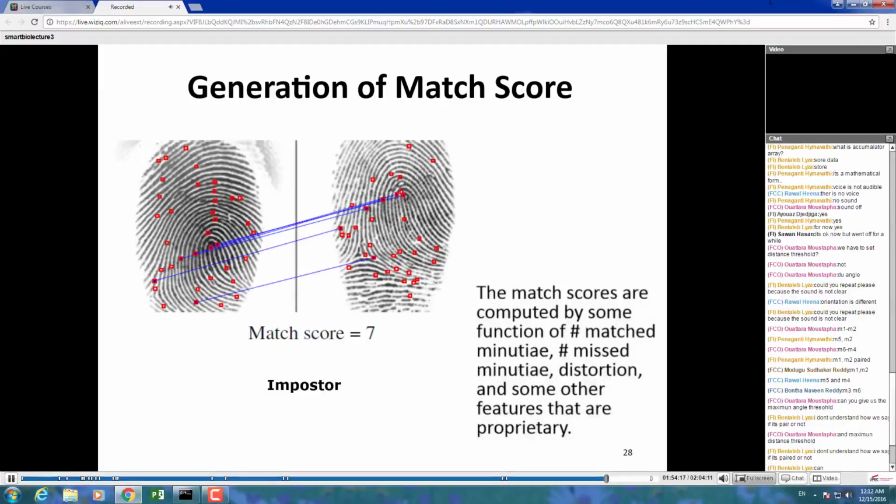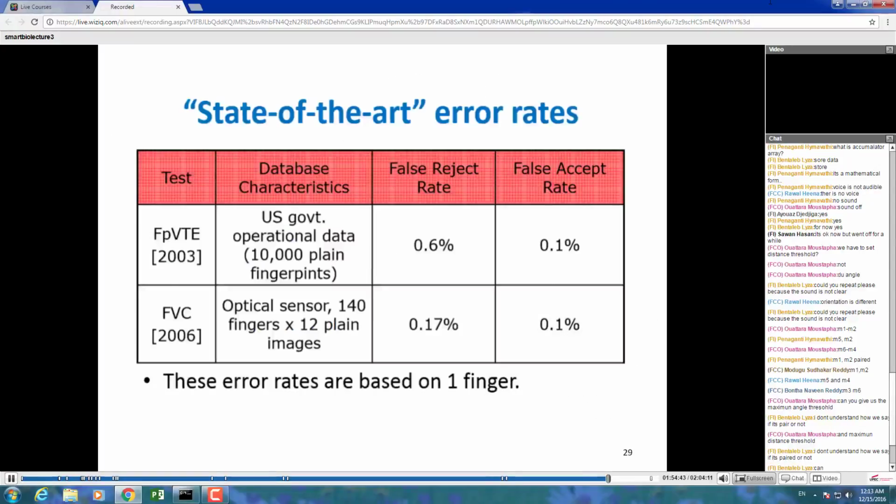Here we can see some error rates of the state of the art. So you can ask how well these fingerprint recognition systems work. The answer is it depends. What we do is we set the false acceptance rate, which is usually given by the application, right?